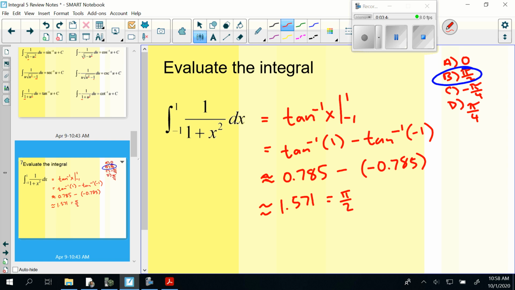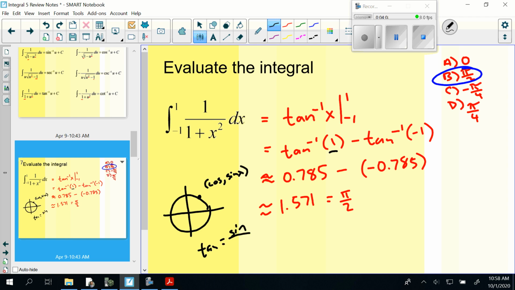The reason being, if we're doing inverse tangent, think through the unit circle: you have an ordered pair that gives you a cosine value and then a sine value. If the inverse tangent is 1, since tangent equals sine over cosine, and we get 1, that means the sine and cosine values must be the same in order to give us a value of 1.